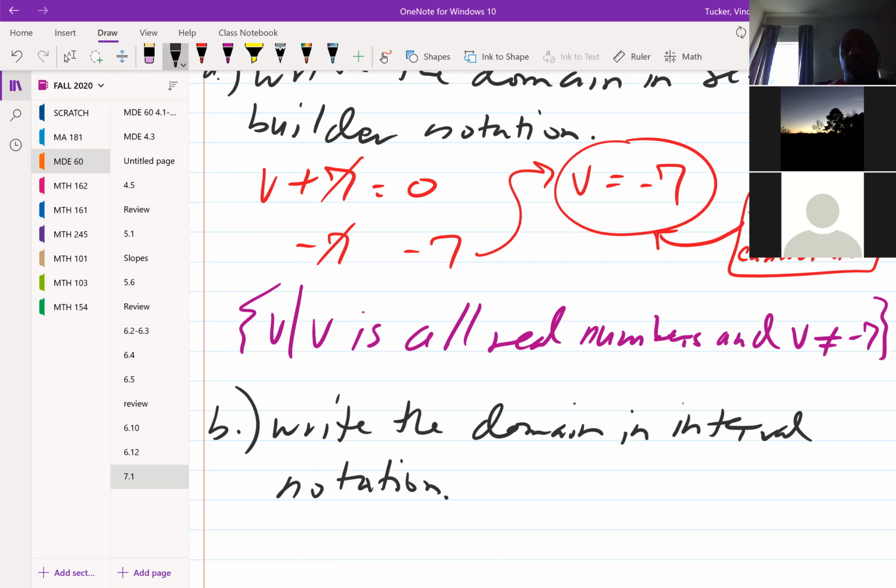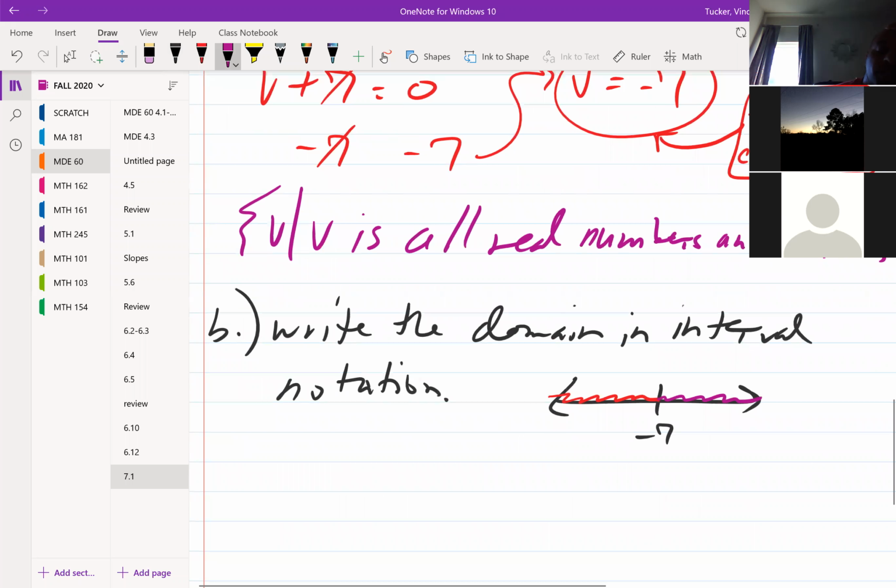All right, here, write the domain in interval notation. So here, if you were to look at your number line with -7 involved, you would be coming from -infinity to -7, then -7 to +infinity. So those are the intervals you should set up. -infinity to -7, parentheses for both.